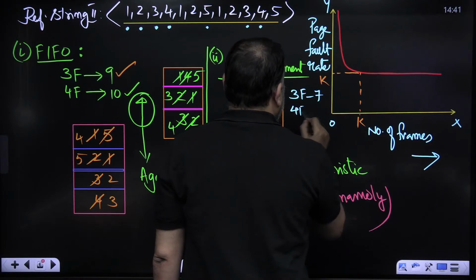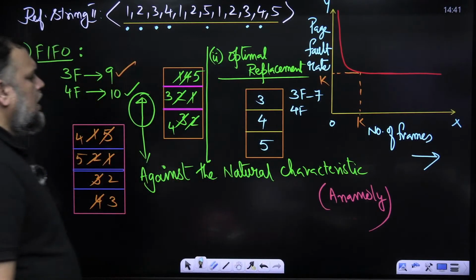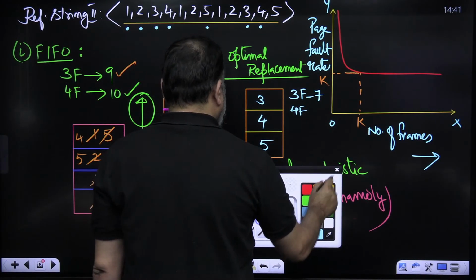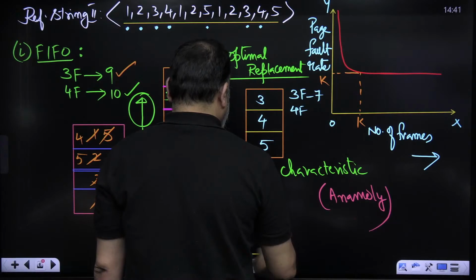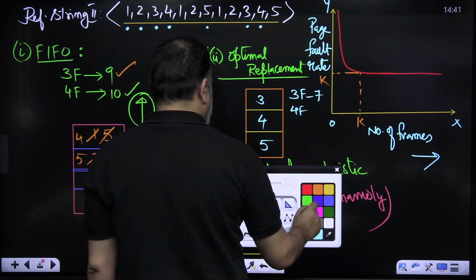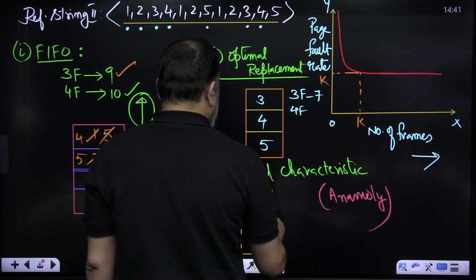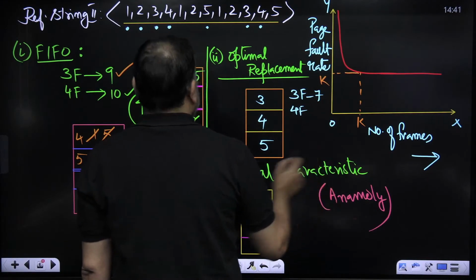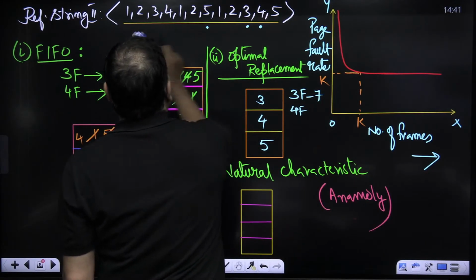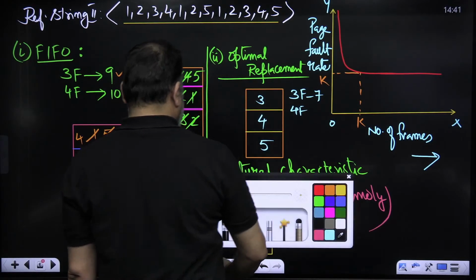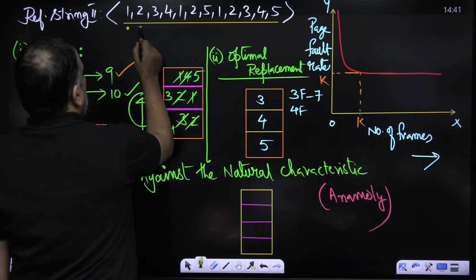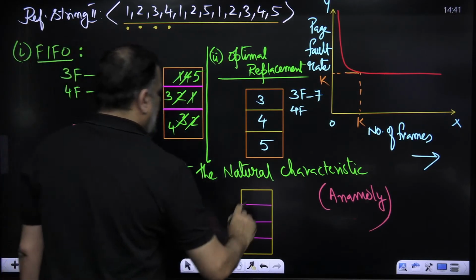4 frames अगर आप workout करो, if you work out this, how many page faults will happen? Let us try to see it here below. 4 frames. I'm doing it here. चलो स्टार्ट करेंगे। चेक। Initially 1, 2, 3, 4: 4 page faults, 4 frames, optimal replacement.